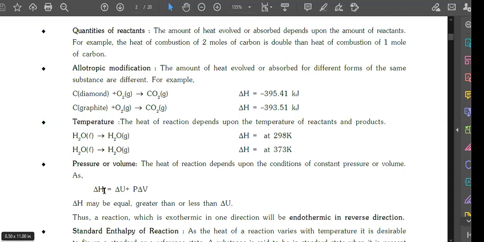That is the basic definition of enthalpy change, which is change in internal energy plus P delta V. Most reactions are carried out under constant pressure conditions, so the delta P term is ignored. It's 0.